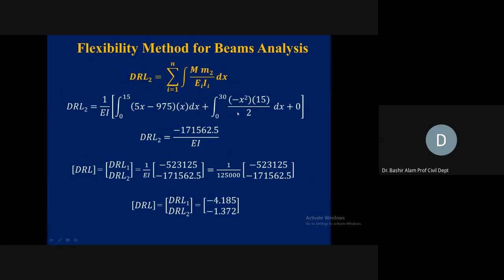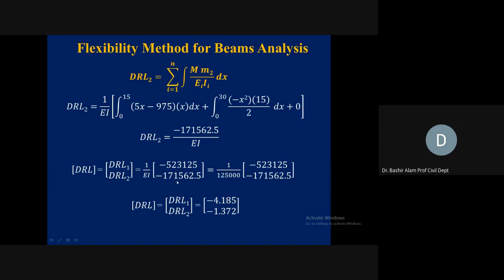For member BC, the capital M was minus x square, M2 was 15, and this 2 is coming from the 2I. Plus member CD, here it is giving you 0 times some number, so that is giving you the 0 contribution, and DRL2 is coming this number.